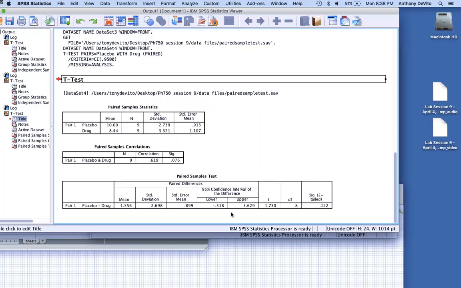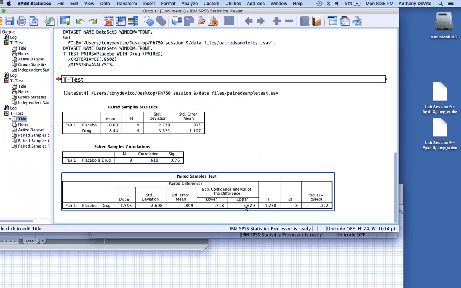Well, how about the confidence interval? The confidence interval is -0.5 to 3.6. Now remember that we're trying to say that the mean for the differences is different than 0. And we're 95% sure that the mean for our differences is between -0.5 and plus 3.6. So 0 is in between there.